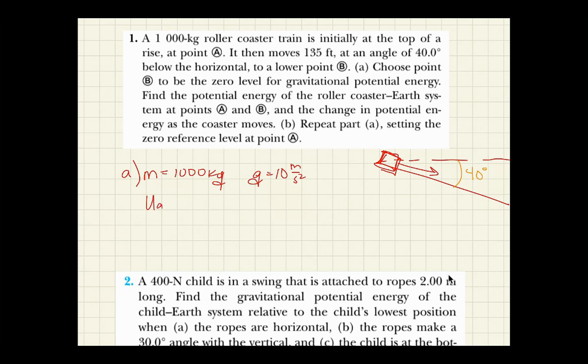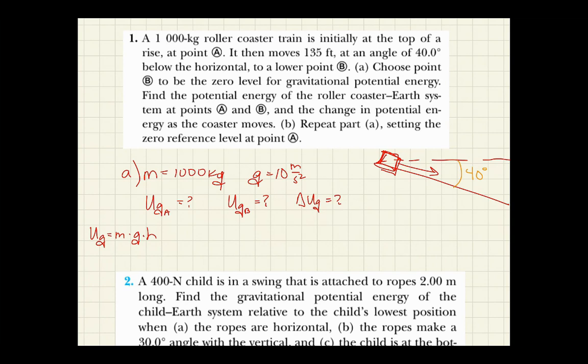So I'm looking for UG at A, UG at B, and change in UG from A to B. UG, or gravitational potential energy, is mass times G times height. I already know mass and G, so this question is just saying, what are the heights at these 3 points? Then plug those heights into your equation.